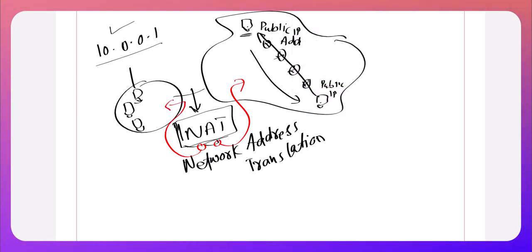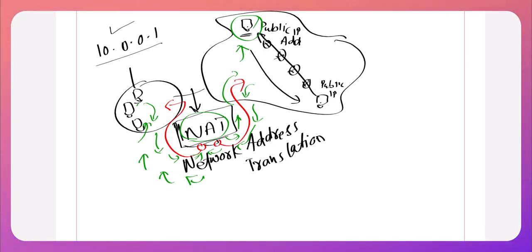Now a computer wants to access a server on the internet. Its request will come to this LAN interface, where the NAT server is running. It translates it to the WAN interface, which interacts with the destination computer, and the response comes back to the WAN interface, which translates it again to the LAN interface, and the LAN interface replies back to this computer.